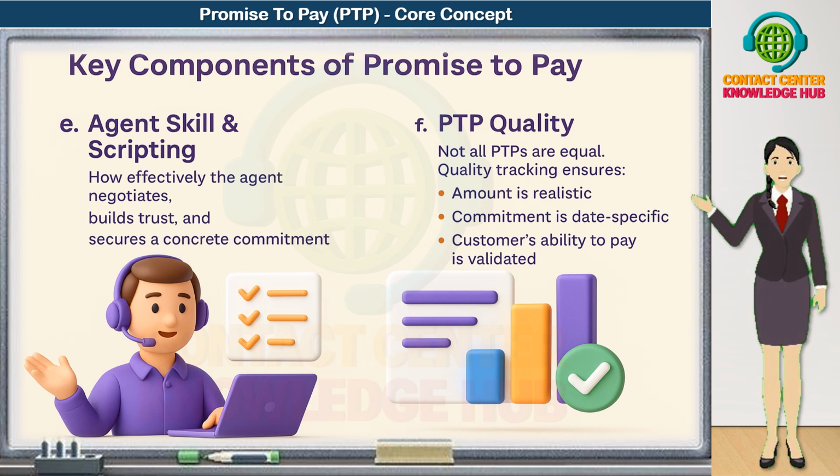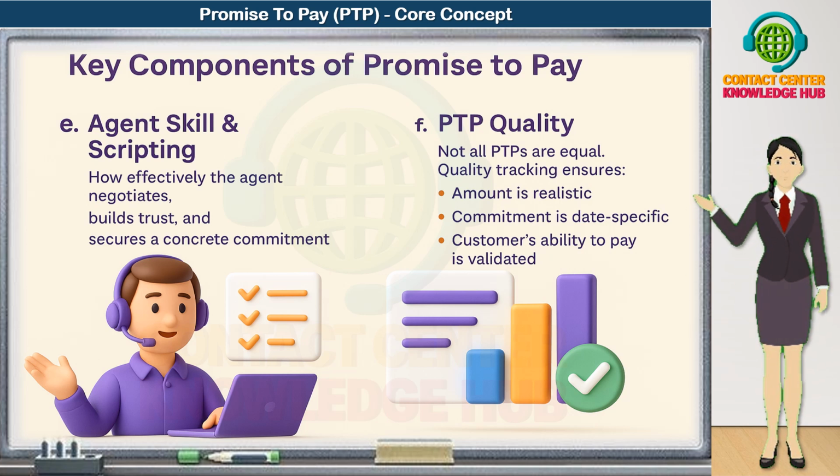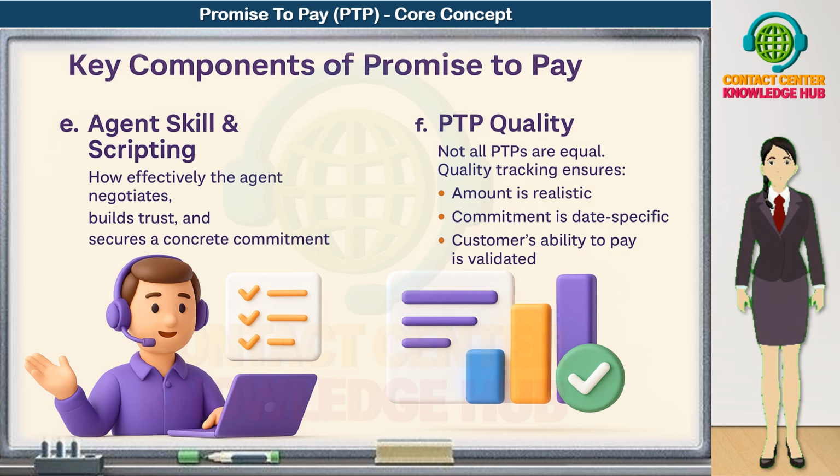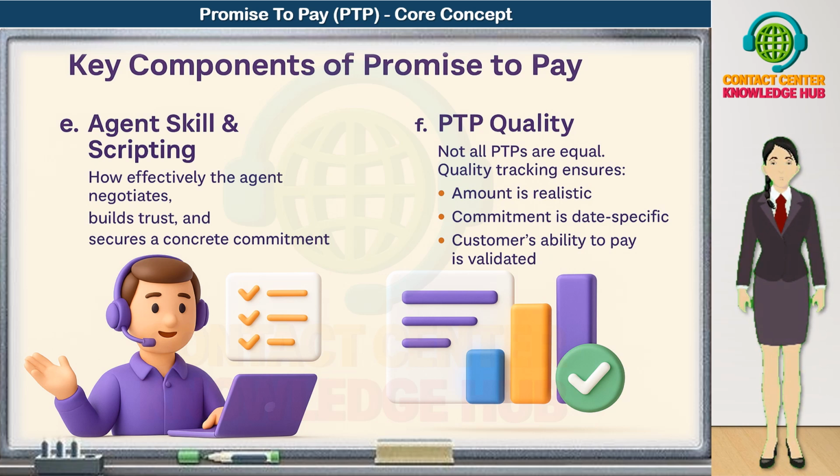Next, PTP quality. Not all promises are created equal. High-quality PTPs are specific, realistic, and validated. That means the amount is achievable, the date is clearly defined, and the customer's ability to pay has been properly assessed. By focusing on both agent skill and promise quality, organizations can secure stronger, more reliable commitments, leading to higher kept rates and better revenue outcomes.